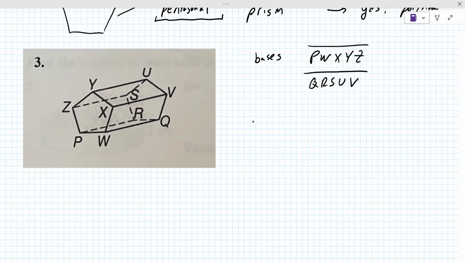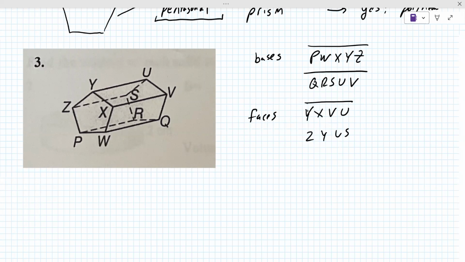The faces are a little bit easier. The faces include everything that is a flat surface. Like YXVU. Any of the combinations of 4 letters, you've got a lot to write down here. You typically start somewhere and work your way around it.